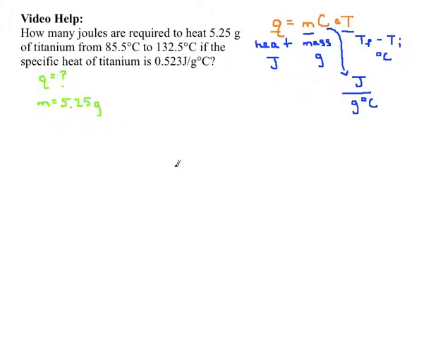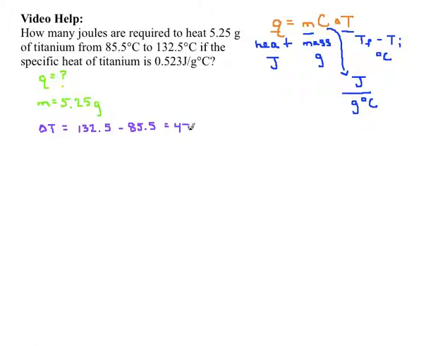So my change in temperature is TF minus TI. TF, my final temperature, ends at 132.5, starts at 85.5, and so I have 132.5 minus 85.5, and I get 47. So my delta T is 47.